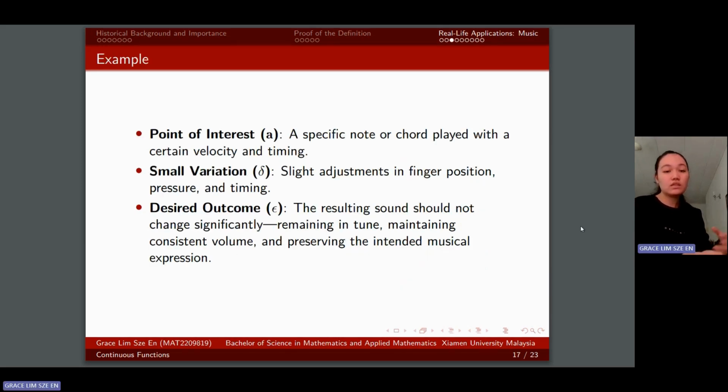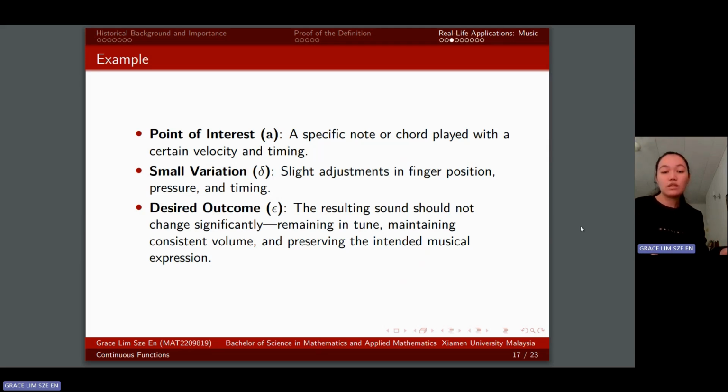So for example, if we focus on one specific chord or note, like this, I can vary my adjustments in my finger position, the pressure and the timing, so that it causes equally small changes in the volume, the pitch, and the rhythm.